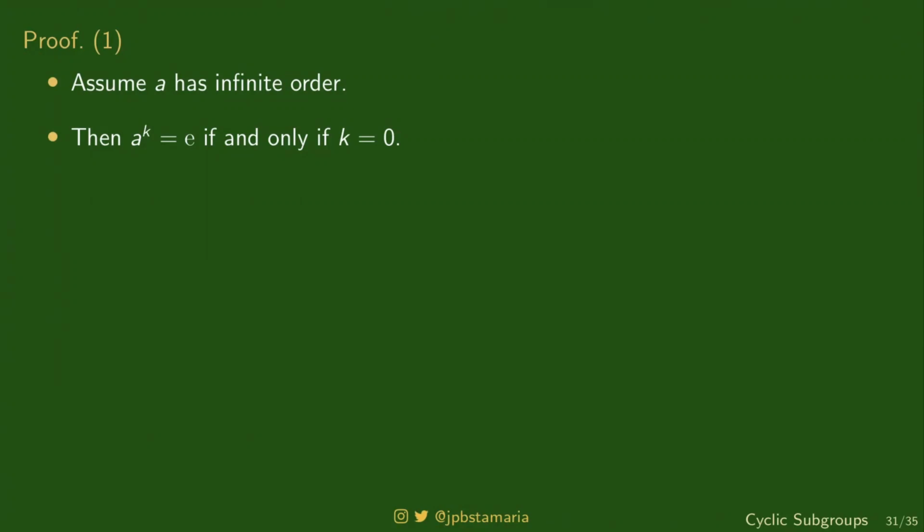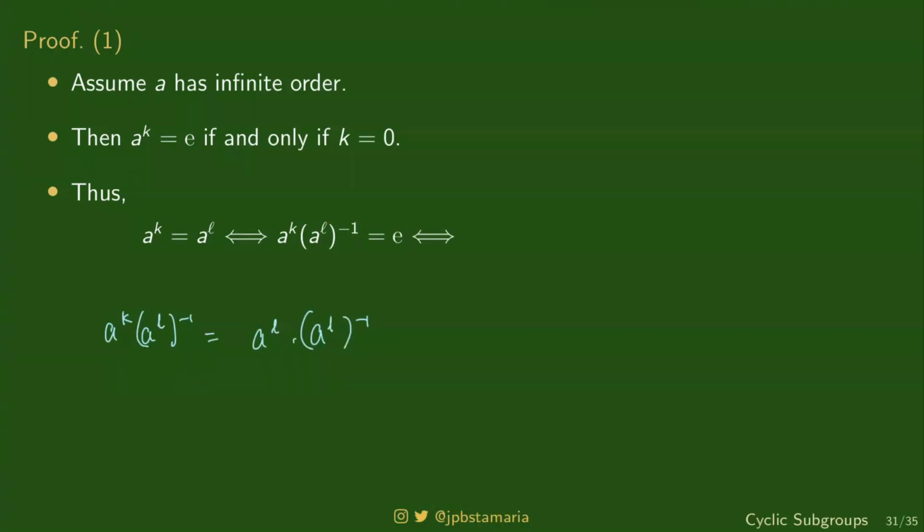Hence, if I have two powers and they are equal, group theory tayo: kunin mo yung inverse ng a to the l, multiply mo on the right. Anong ginawa ko dito? Nag-algebra ako. Yung a to the l inverse ang minultiply ko on the right. Pag minultiply ko yan, yung right hand side ko ay magiging identity.